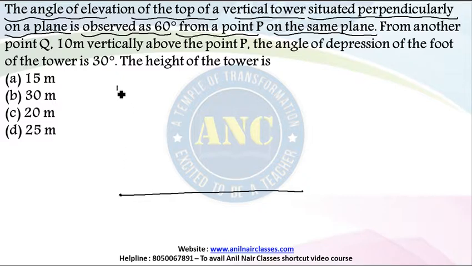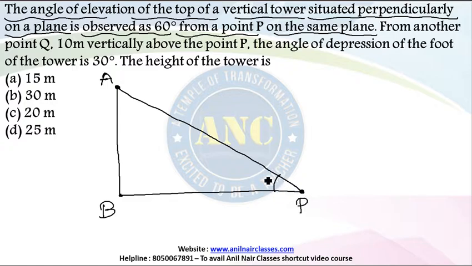There is a vertical tower perpendicular to the plane, which I will call AB. The angle of elevation of the top A is observed from a point P on the same plane. The angle from here to here is 60 degrees. That is the meaning.